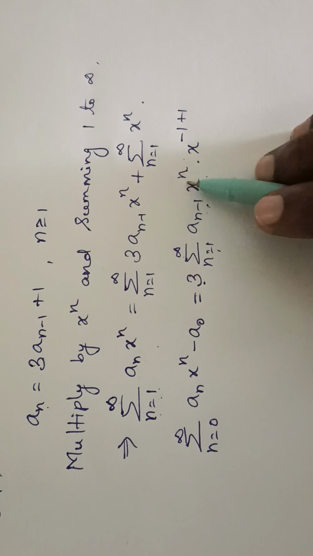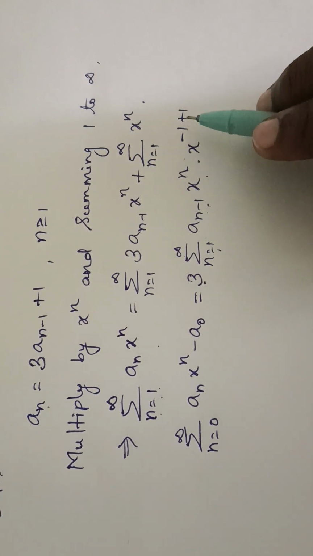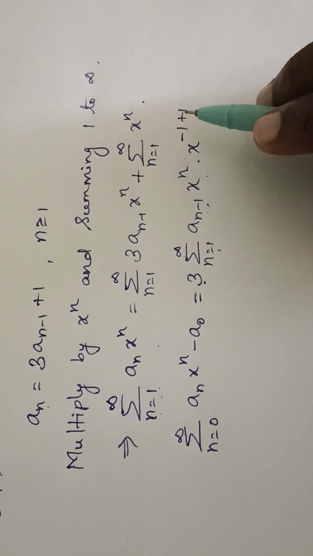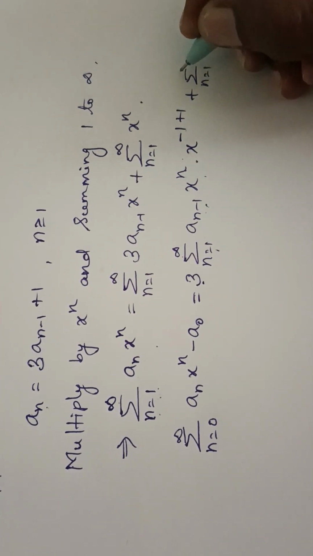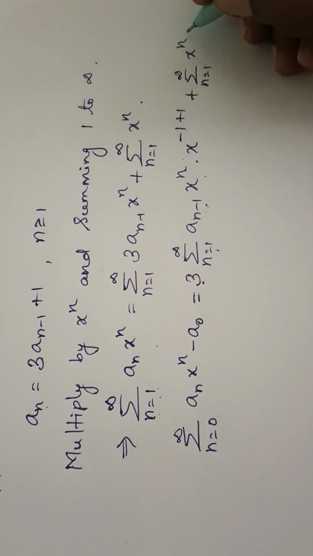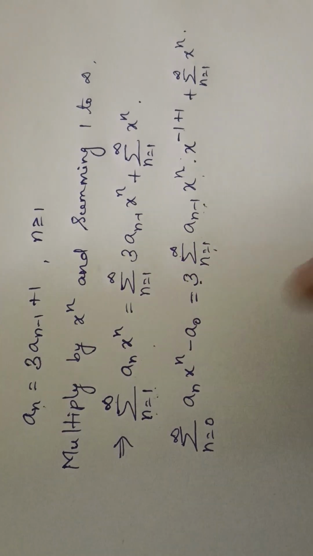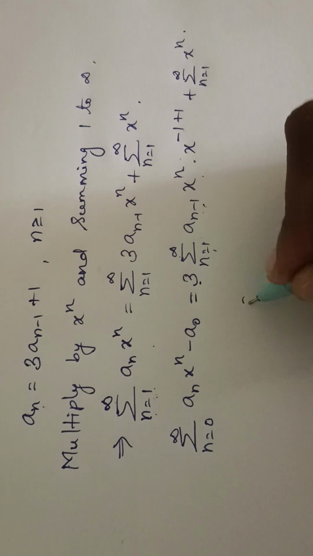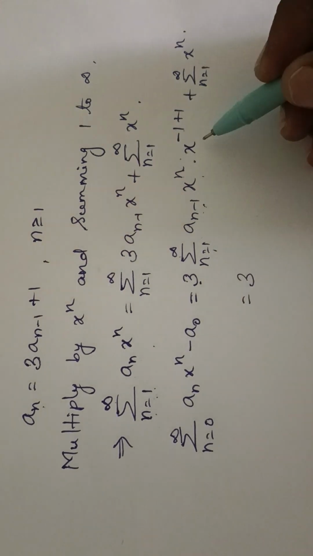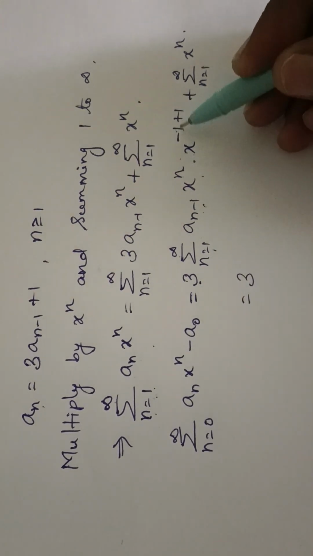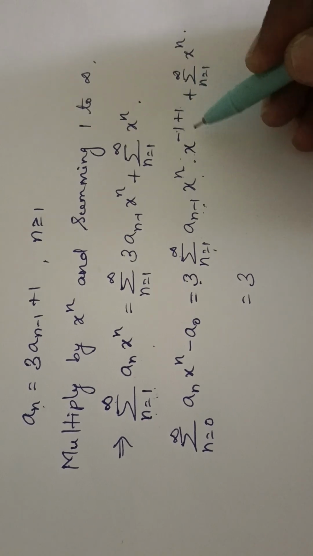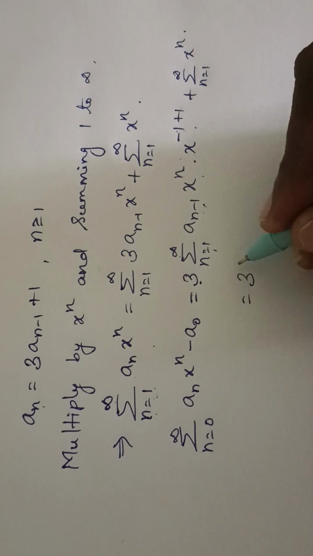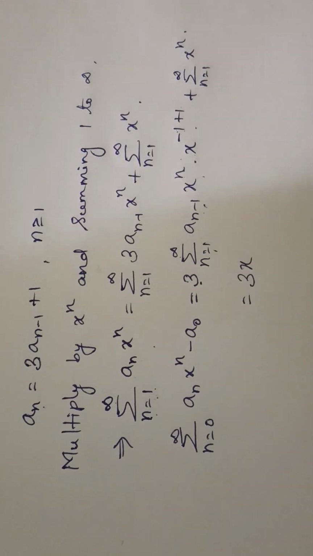Here we need n minus 1, so we can add and subtract x power minus 1 and x power 1. The last term is the same, n equal to 1 to infinity x to the power n. So the left hand side is over. On the right hand side, the 3 term: separating x power minus 1 into x to the power 1, the x power 1 term I can write in front.